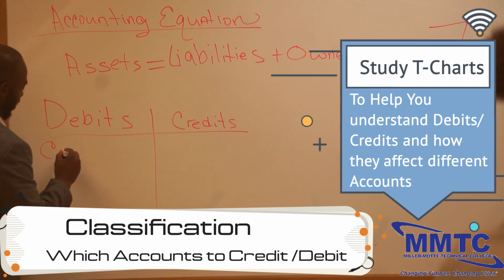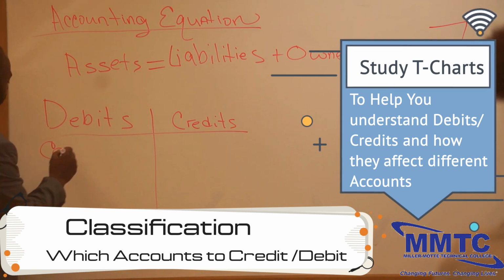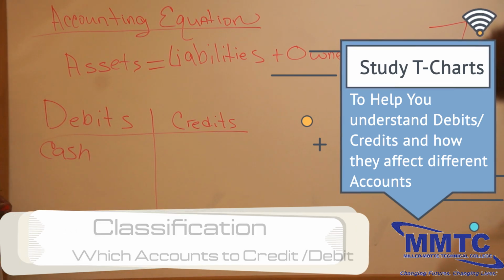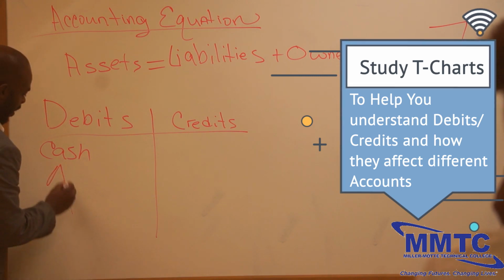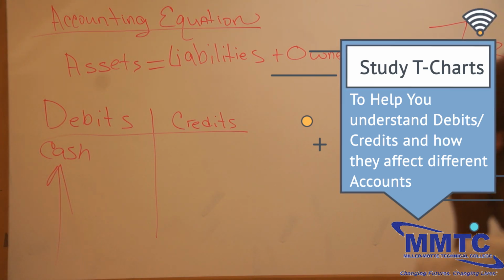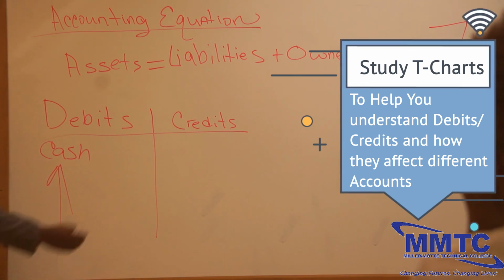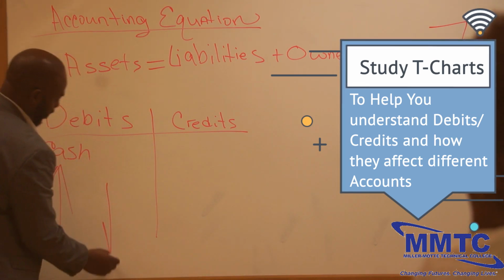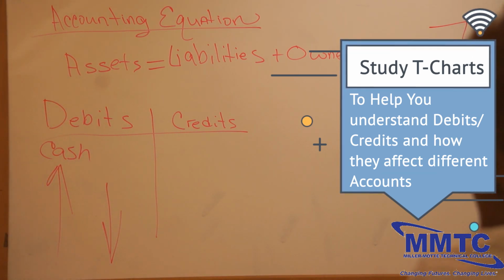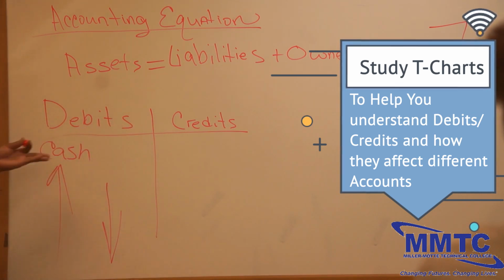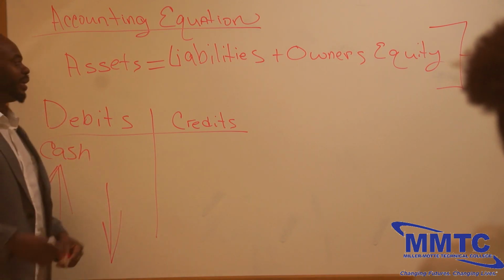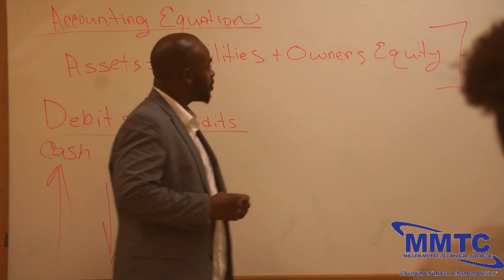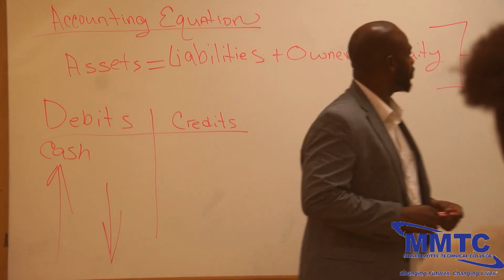Cash is an asset. If you want to increase cash, you do what, Mr. White? I hear you over there. You debit. Increase. If you decrease cash, you do what? Credit. Right? Debits and credits. We have to know how debits and credits affect each account that we use in recording financial transactions.